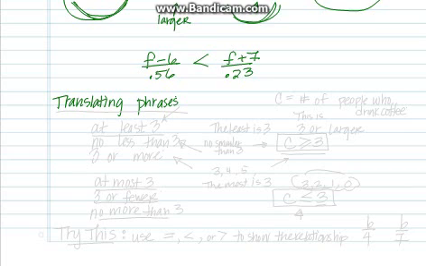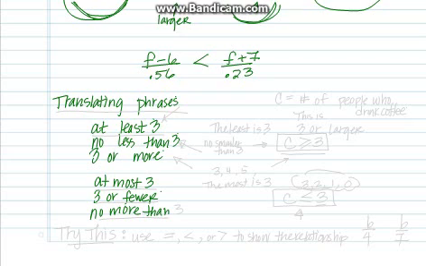So a few common phrases we have are at least 3, no less than 3, 3 or more, at most 3, 3 or fewer, no more than 3. And I chose 3 just so we could have something to talk about, so we could understand what numbers we're talking about or what we mean.